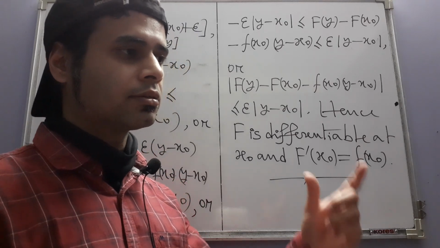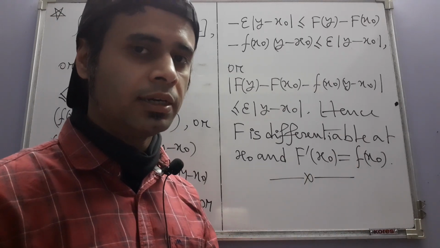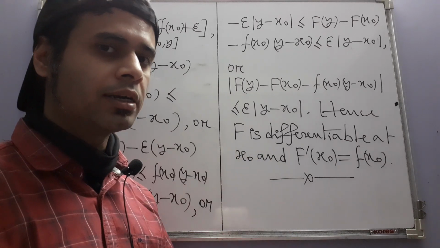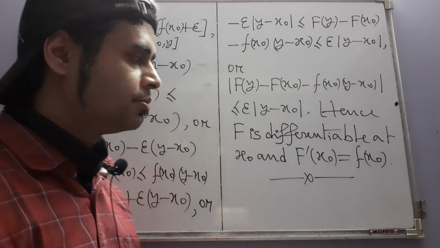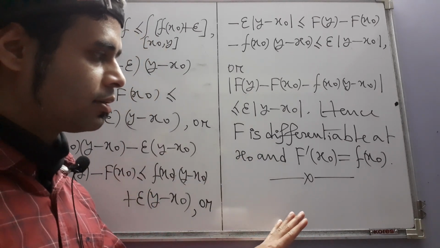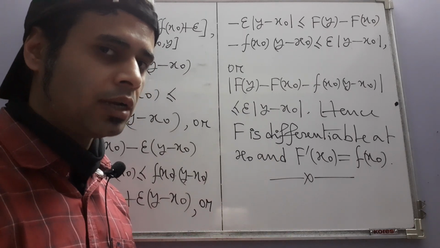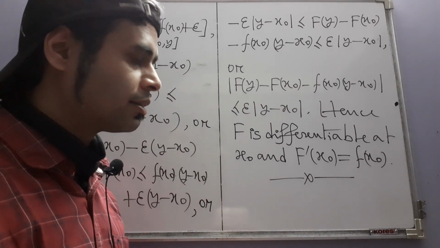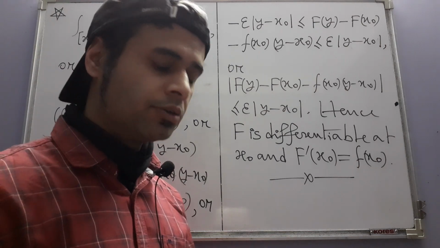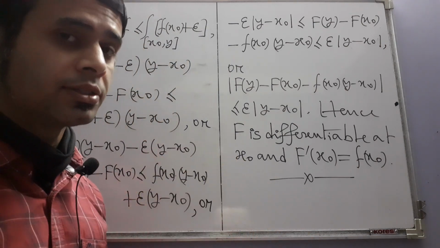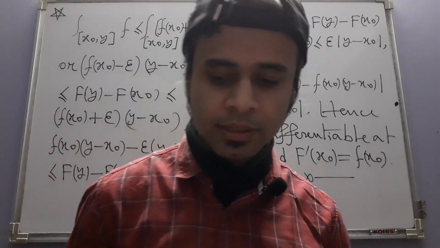We first find the antiderivative of the integrand and then put the upper limit minus the lower limit, that technique. The second fundamental theorem states why that is true, I mean in what sense that is true, and then proves it. We will do this in the next calculus, real analysis video. That means this coming Sunday.